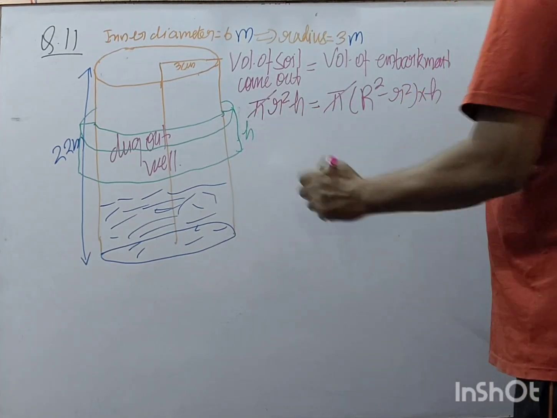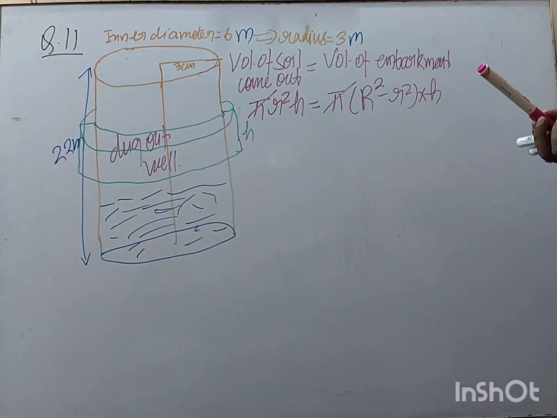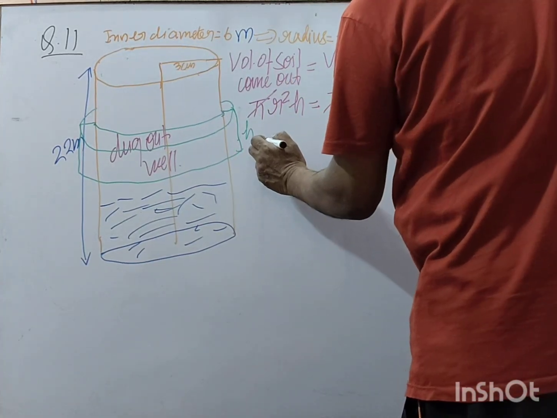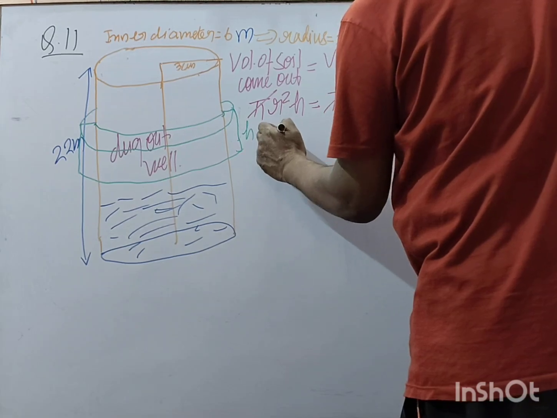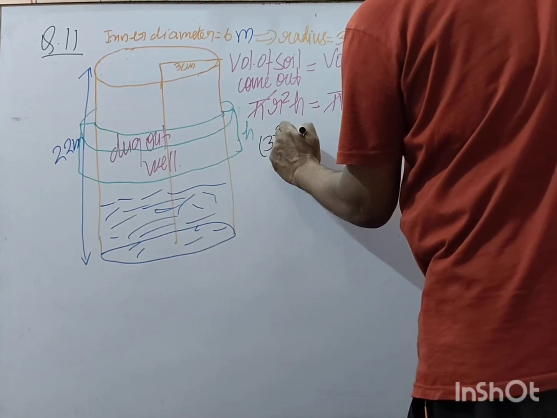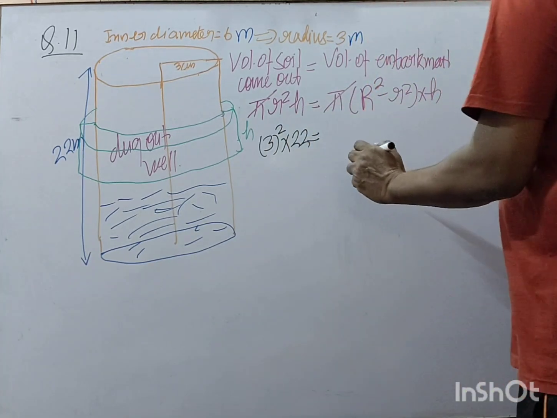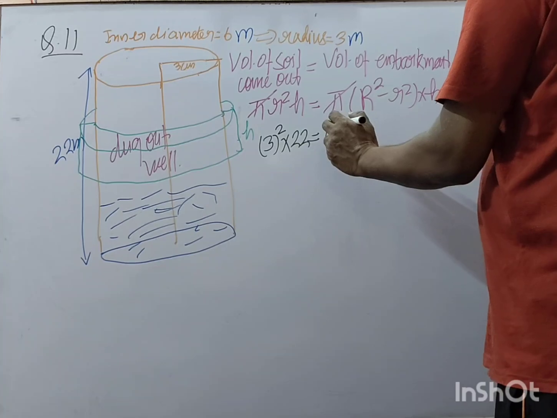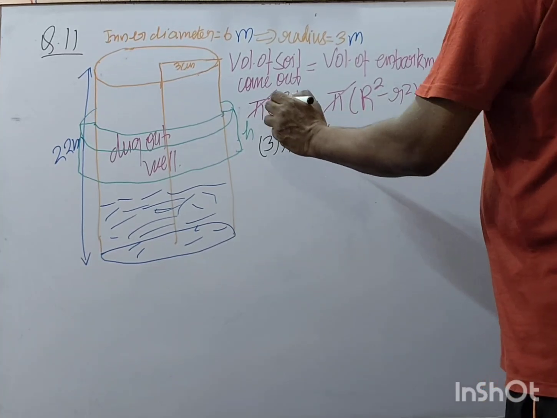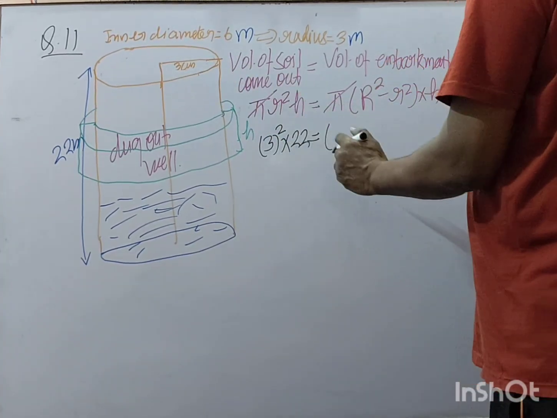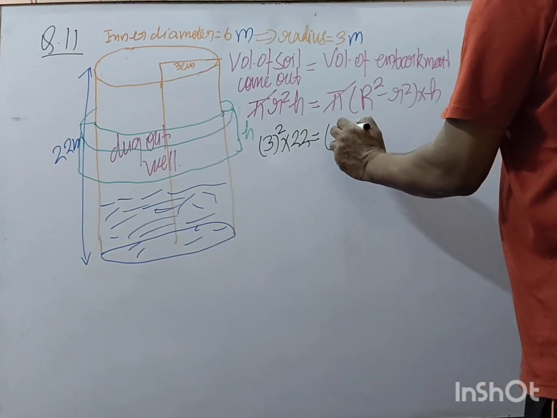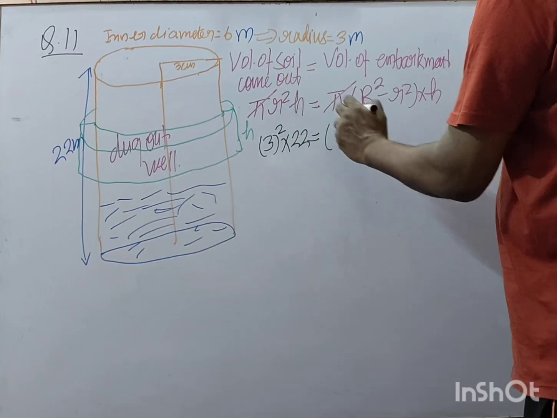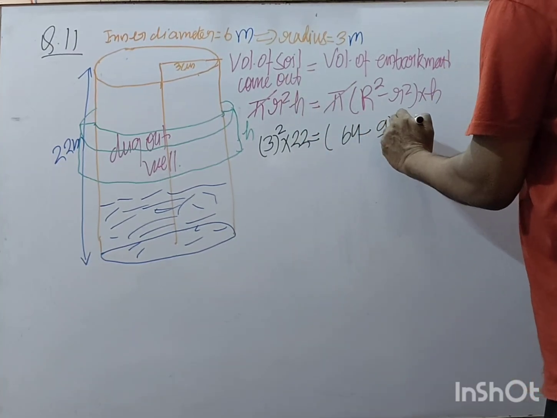The pi and pi cancel, and you have r square is 3, 3 whole square into 22 is equal to 3 plus 5 becomes 8, 8 squared is 64, minus 9, into h.